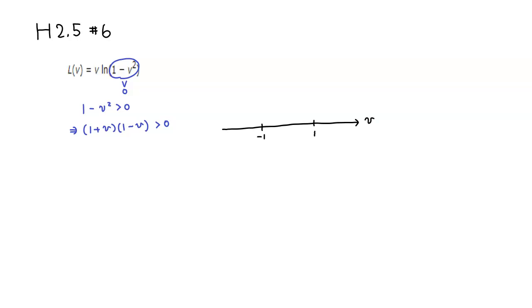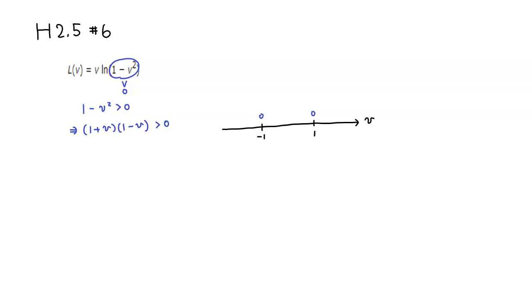We know that if V is -1 or +1, the left hand side is going to be 0, which we do not want because we want it to be positive, not 0. Then we can simply check some sample numbers.